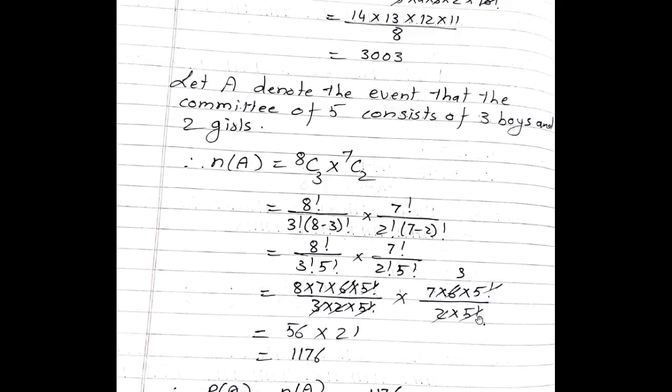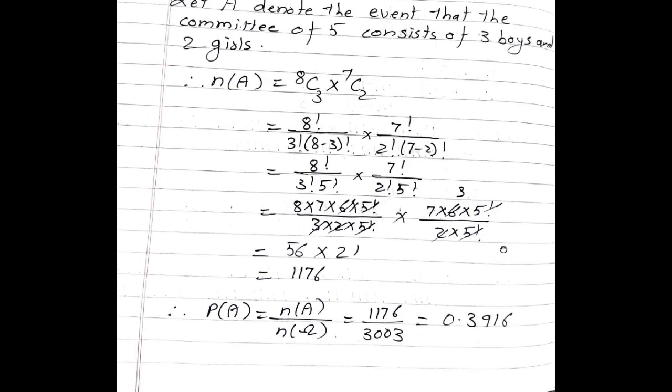So if we solve this further, the answer is 56 into 21, which is equal to 1176. So probability of A is equal to n of A upon n of omega, which is equal to 1176 divided by 3003. So the final answer is 0.3916.